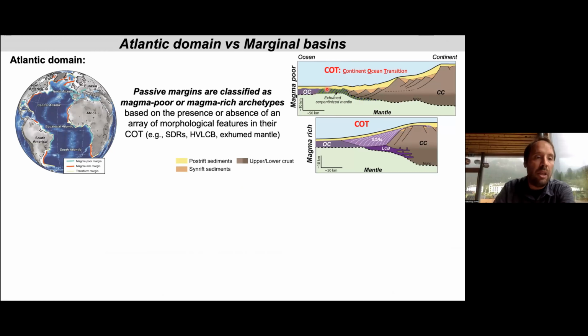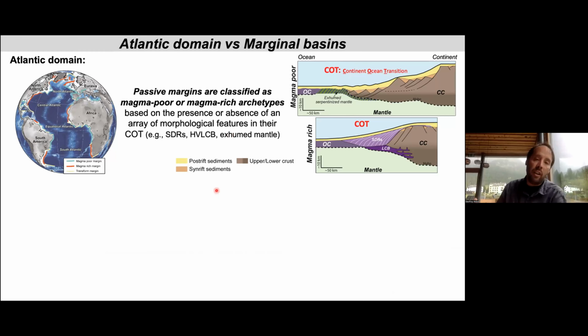This has been called non-volcanic margin, but there is volcanism, so a name change, and it's called magma poor margin. This has been well documented by IODP and ODP wells in the Iberia and Newfoundland margins.